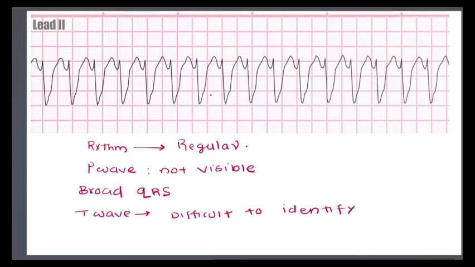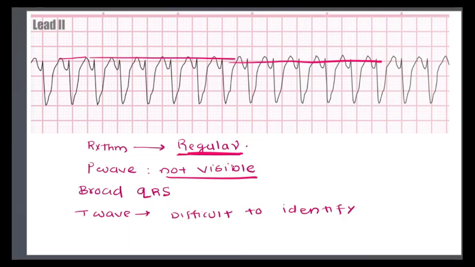Let's see another picture. Can you see here? This is another ventricular tachycardia of the same amplitude, and the rhythm is regular here. You cannot see any P wave because the ventricle is depolarizing very fast.